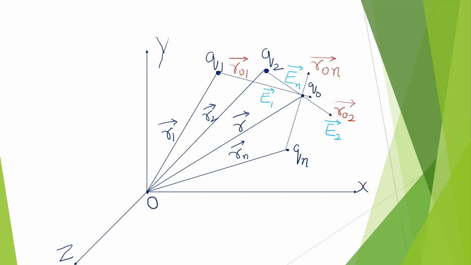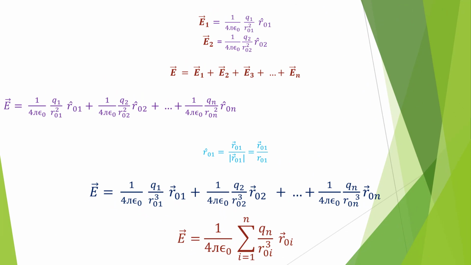We can use Coulomb's law and the superposition principle to determine the field at a point denoted by position vector r. Electric field E1 at r due to charge Q1 at position vector r1 is given by vector E1 equals 1 upon 4 pi epsilon naught Q1 upon r naught 1 square r naught 1 cap.